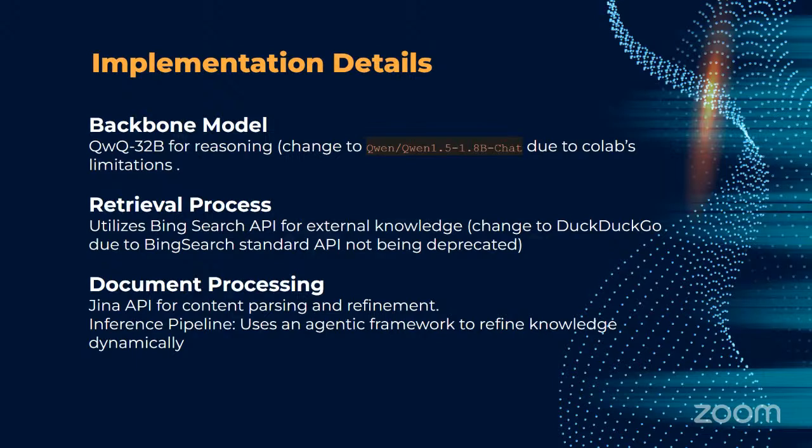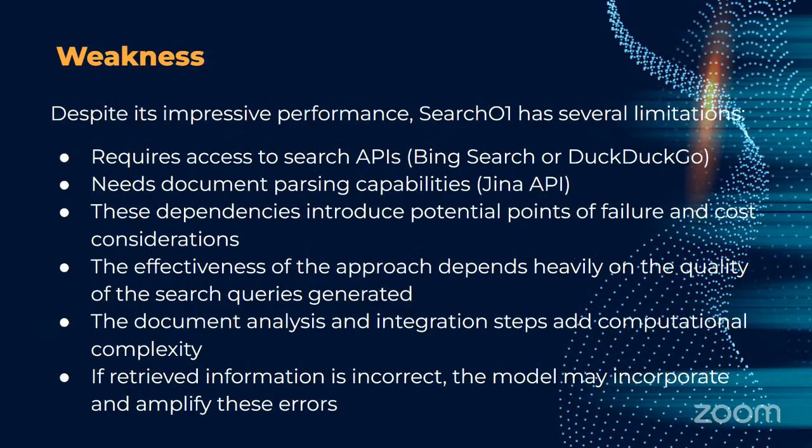So we also identified some weaknesses. These are potential issues that we needed to address. On to the next page, please. For the potential issues that we identified for the Search-o1 model, it had quite some limitations. One of the main limitations was that it requires access to search APIs such as Bing or DuckDuckGo.